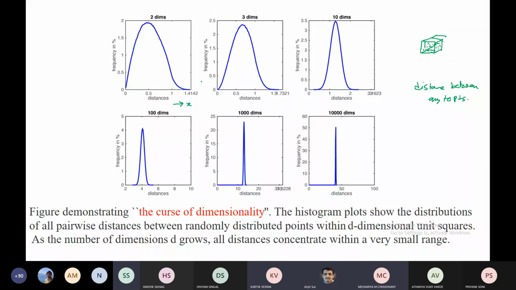In this histogram, the frequency means how many such pairs of points. This is 2-dimensional, basically a square. Most of the points are around 0.5, and distances range from 0 to root 2.